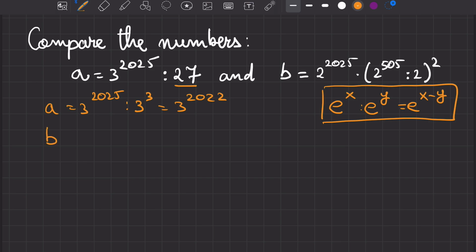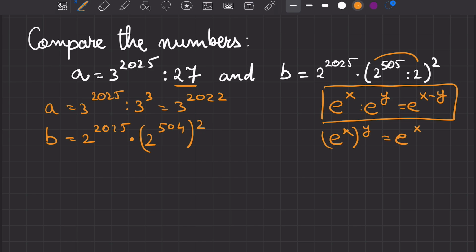B would be equal to 2 to the power of 2025 multiplied by, we apply in this parenthesis the rule from below, and we will get that it's 2 to the power of 504 and everything squared. And now we apply the following rule. e to the power of x and everything to the power of y equals e to the power of x multiplied by y.